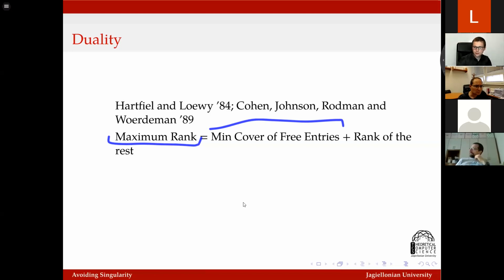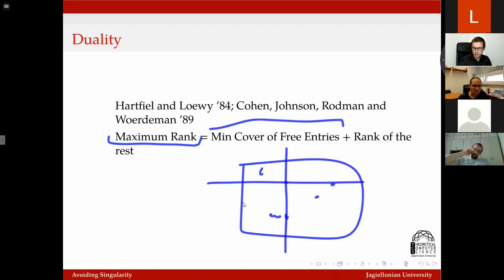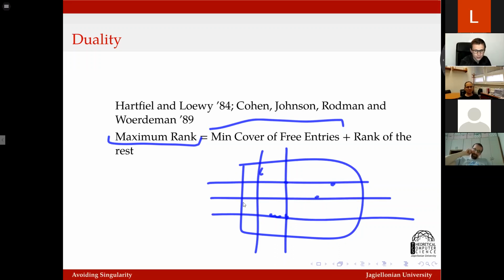All right, so let's draw something. So this is my matrix, and there are some three entries there. Now I will choose some rows and columns and erase them, and what is left has no more three variables, so I can compute the rank of this resulting matrix.